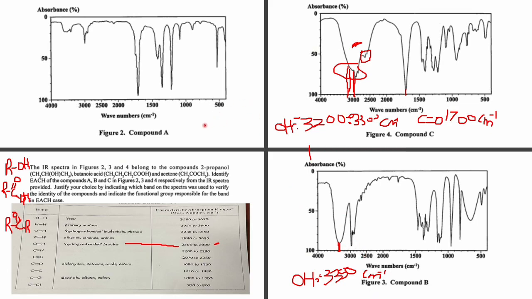So lastly, we have your figure 2, and that was determined based on your elimination of your other two options. So that left us with our ketone. From your module 1 IUPAC, you would remember, hopefully, that your ketone is your carbon double bond to oxygen attached to two other R groups.